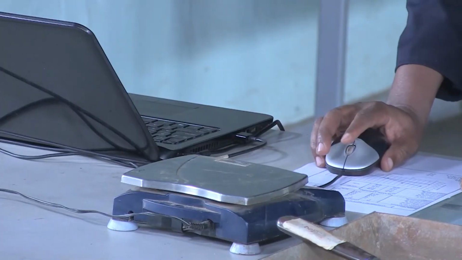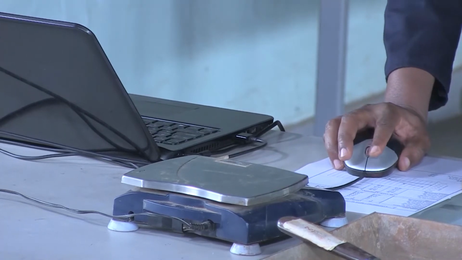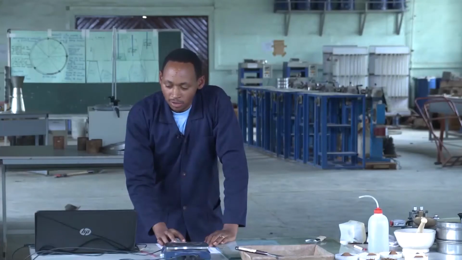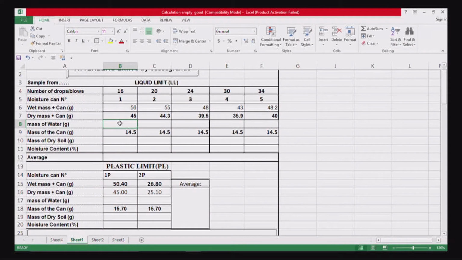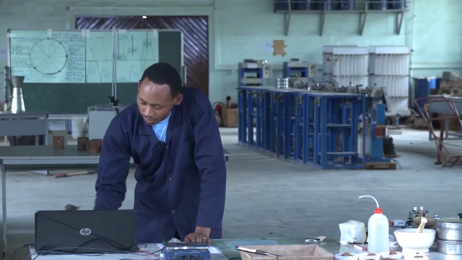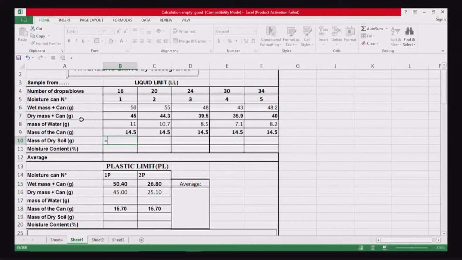Now we are going to continue with calculations. Mass of water equals wet mass with the can minus dry mass with the can. The formula is the same for all. Then we calculate mass of dry soil, which equals dry mass with can minus mass of the can.